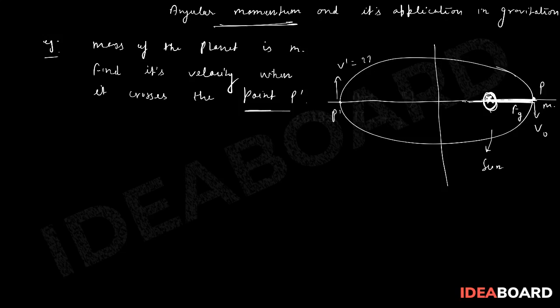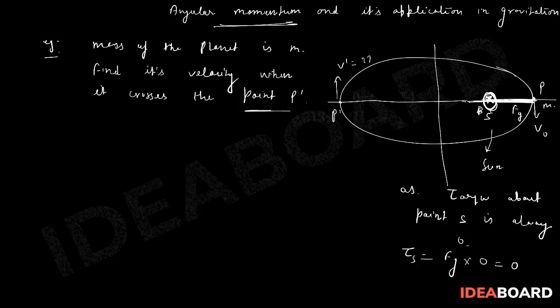This is the gravitational attraction between the planet and the sun, which is always passing through this particular sun, let's say point S. So the torque about point S is always 0, as the torque about this point will be Fg into 0. R perpendicular is always 0 because the line of action of this force always passes through this point.